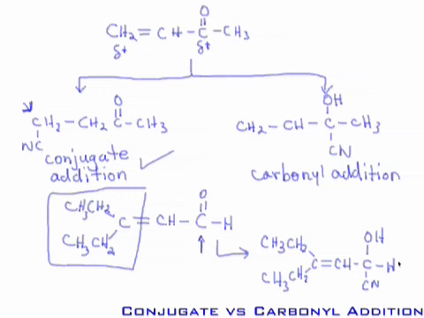What happens, however, if we keep increasing the strength of the nucleophile? Notice chloral would not go here because it was too weak a nucleophile and it was reversible and carbonyl addition wasn't possible. Increase the nucleophilic strength to cyanide, carbonyl addition becomes viable, but conjugate addition is still favored, except in the case where there's a lot of steric bulk around this carbon and not much around the carbonyl carbon.